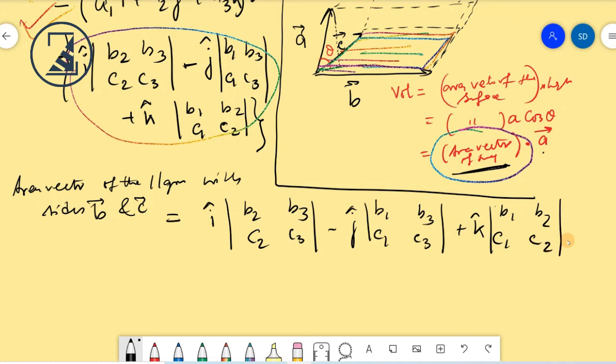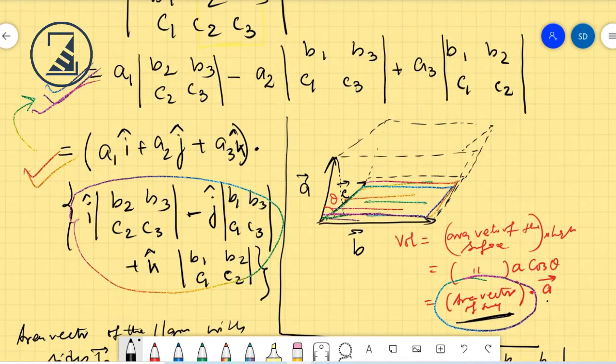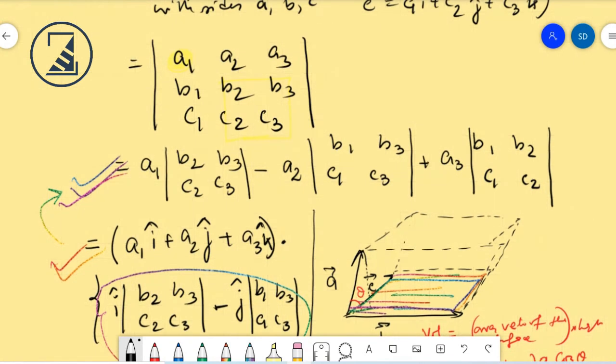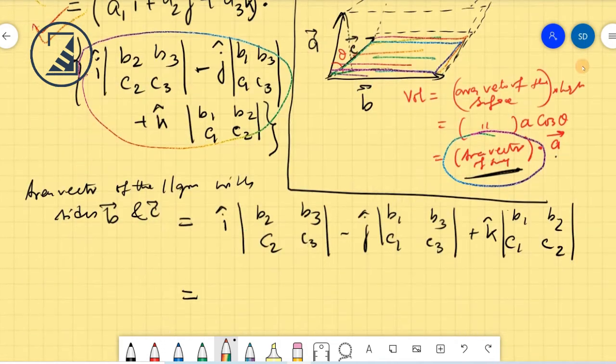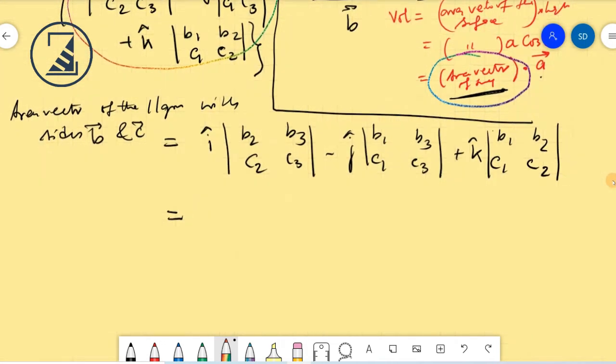This is the area vector. Now as we expanded this determinant into this thing, we can do the reverse process and make it the determinant again. So here we are going to do the reverse process.